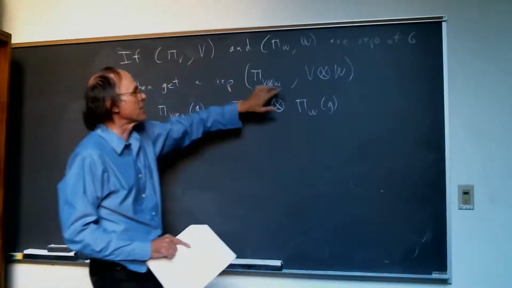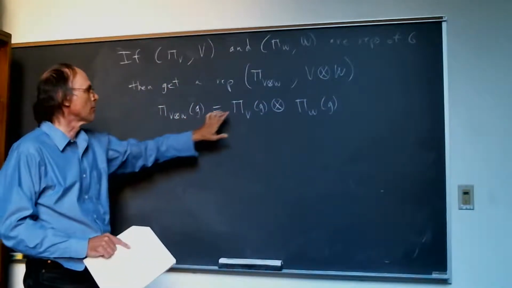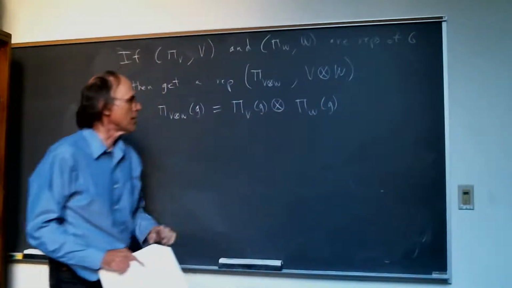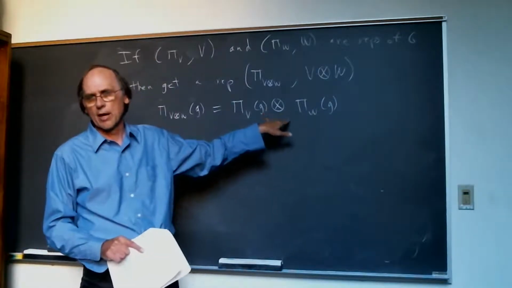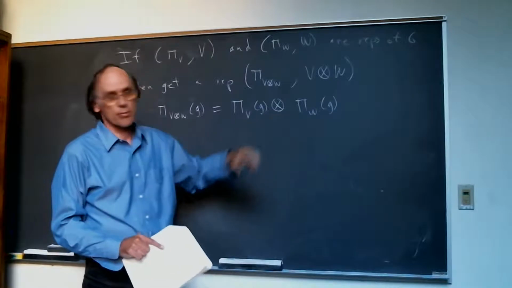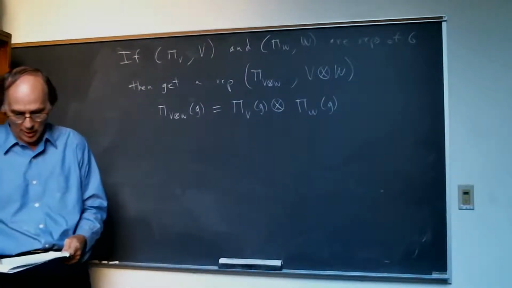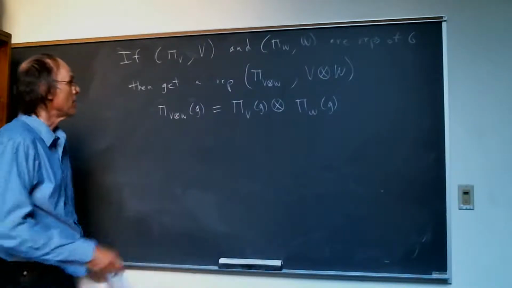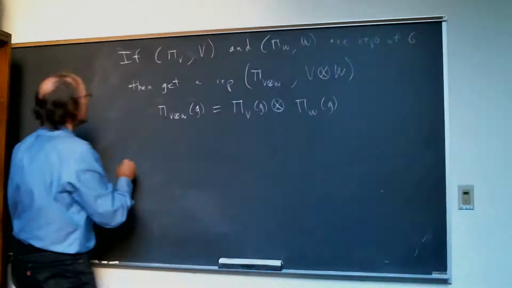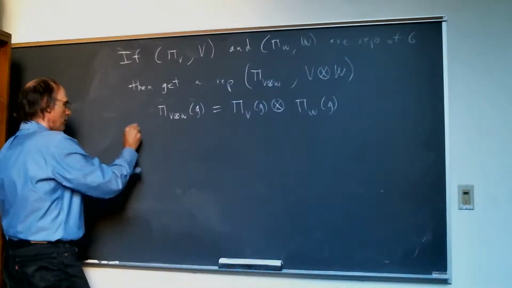It gives you a representation on the tensor product, and it's given by using the fact that we know how to define the tensor product of two operators. Okay, I'll take the time to do this. But then something funny happens if you look at the Lie algebra level.